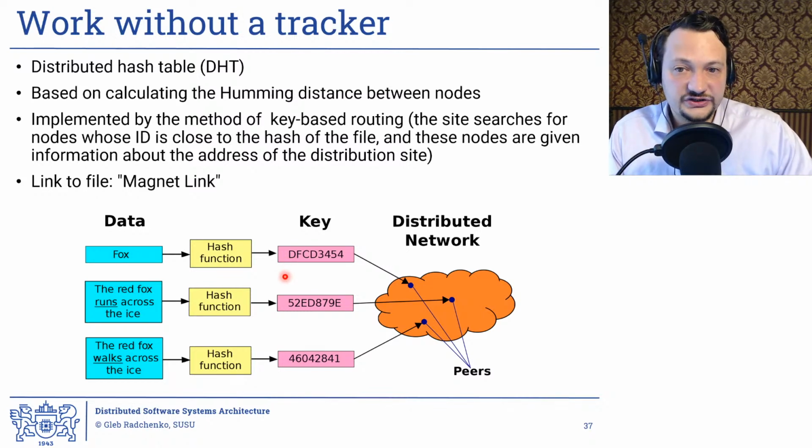And in the end, this mechanism allows you to find peers that have this resource using the key routing mechanism. Of course, this approach needs you to get this key. Without this magnet link, you would not find anything in this distributed hash table network. But a lot of people call this the future for the distributed network, because it allows you to find information without the need of centralized trackers or servers.